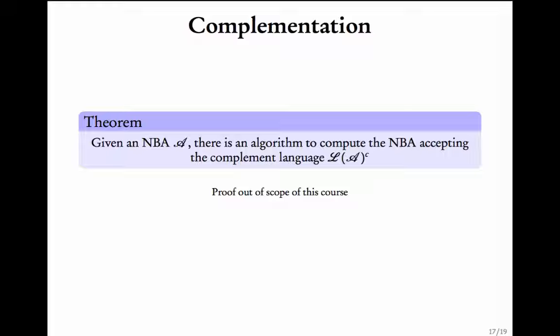It is a very non-trivial theorem, and there is a direction of research to find better ways of complementing NBA, and it is turning out to be a tough task. For our course, it is enough if we know that given an NBA, there is an algorithm to compute the NBA accepting the complement language.